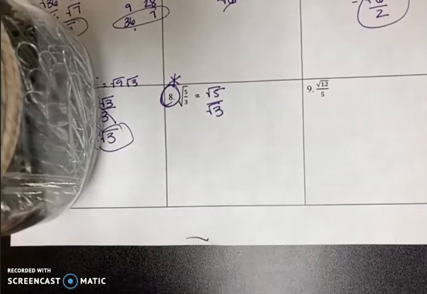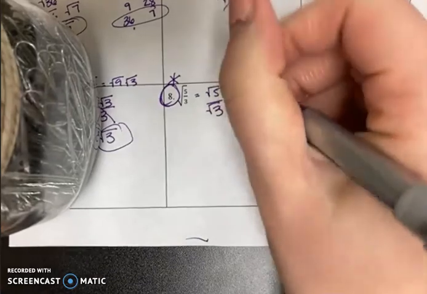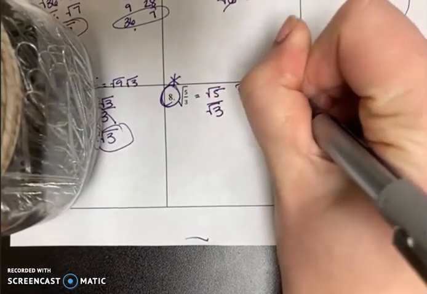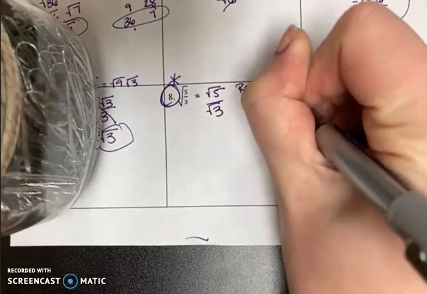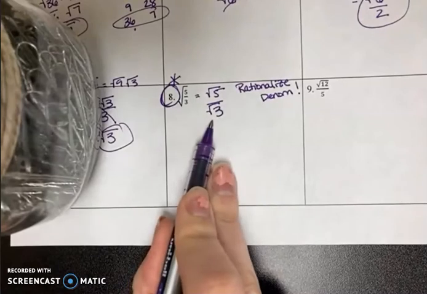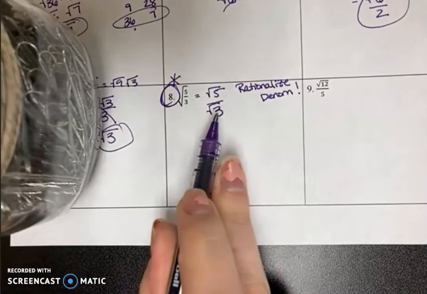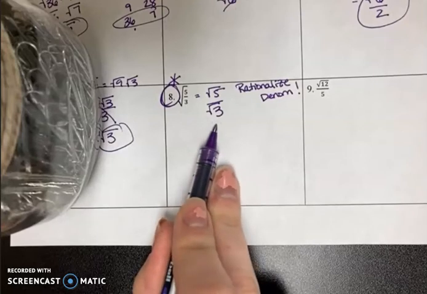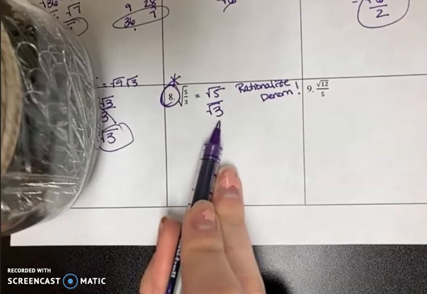Square root of 3 does not simplify any further. But I cannot leave it this way. Do you remember rationalizing the denominator? You are not allowed to leave a square root, or any root for that matter, in the denominator. So whenever you have a root in the denominator, we need to rationalize.